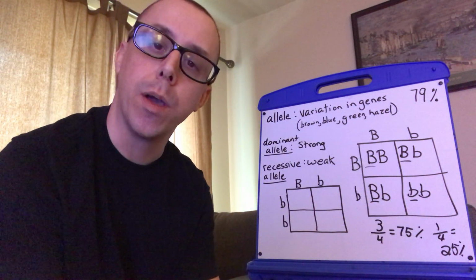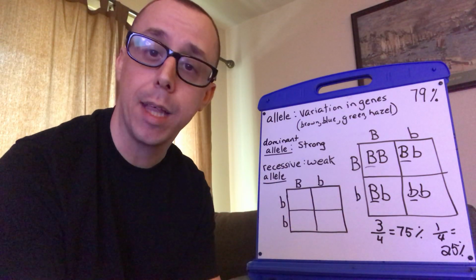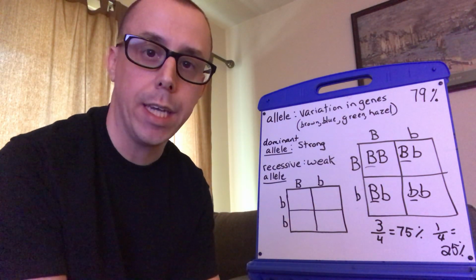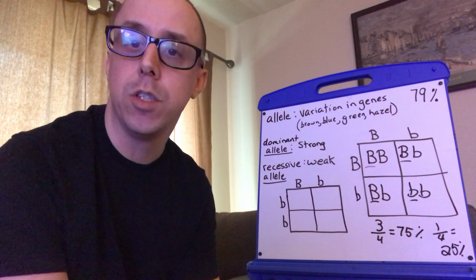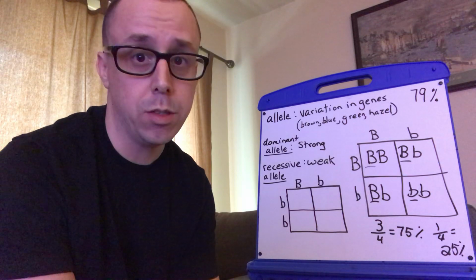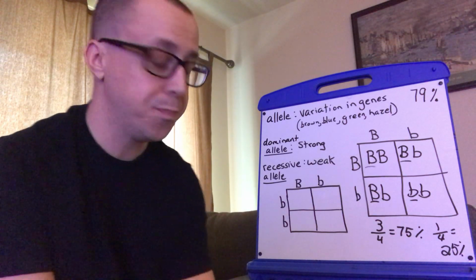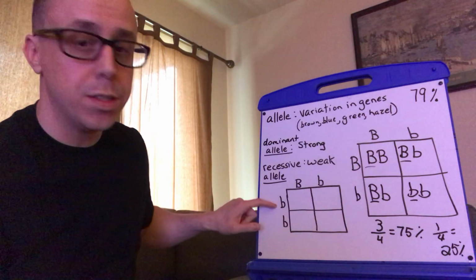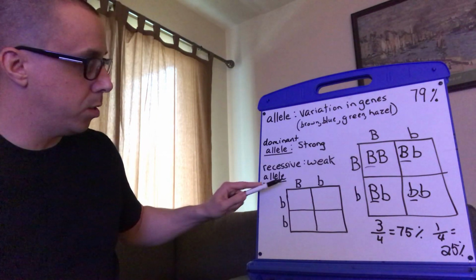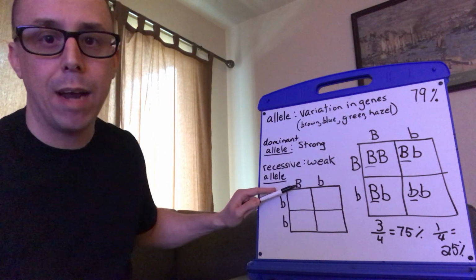So again, going back to the tall versus the short pea plants, it represents the same thing. The dominant trait had a 75% chance to come out, and only a 25% chance to come out blue. Now, what's even more interesting, we're going to do another one. Here, as you can see, there's only one brown allele.